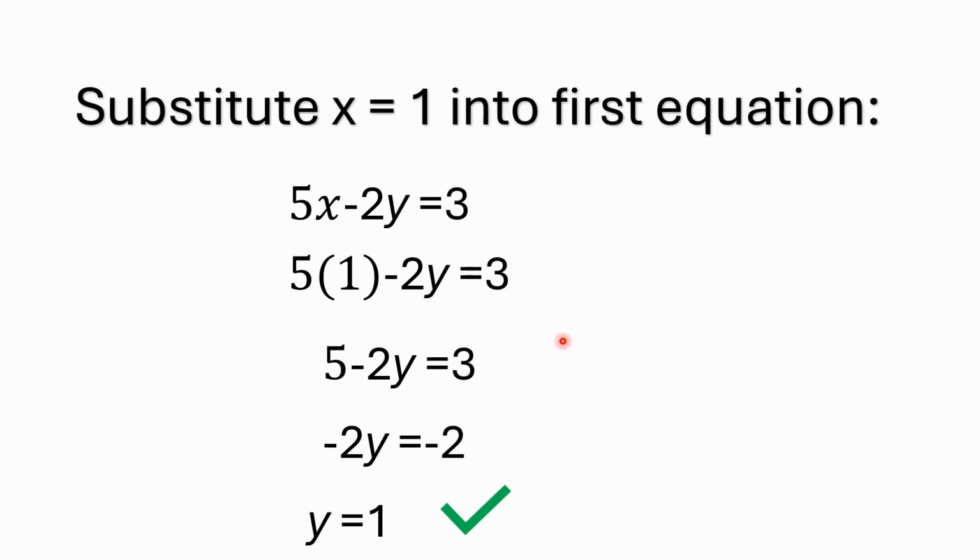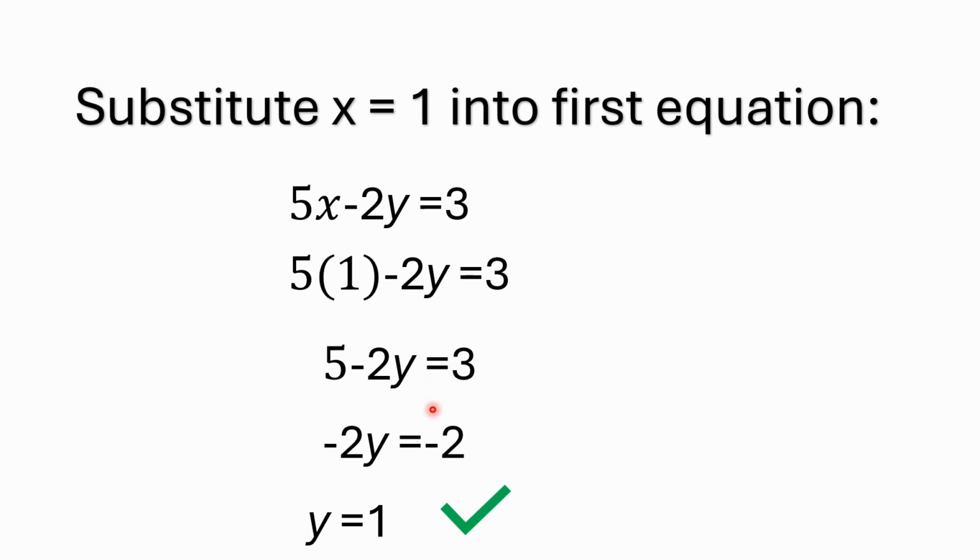All right, so we can go back. This is our first equation that we had, 5x minus 2y equals 3. We can substitute x equals 1 into that first equation and then solve for y. So if we do that, 5 times 1 minus 2y equals 3. 5 minus 2y equals 3.